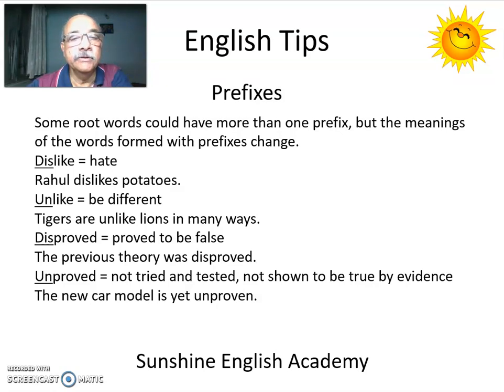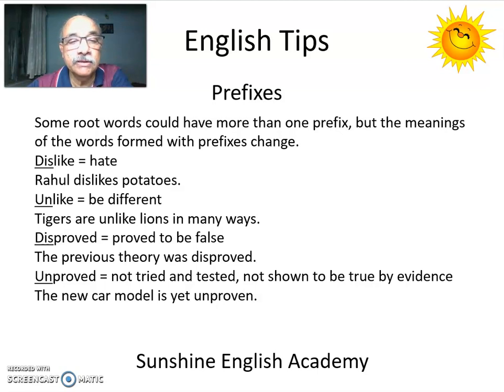Now, let's look at the root word proved. So, disproved means to be proved false. For example, the previous theory was disproved. That means the theory is no longer true or no longer correct. Whereas unproved means not tried and tested or not shown to be true by evidence.